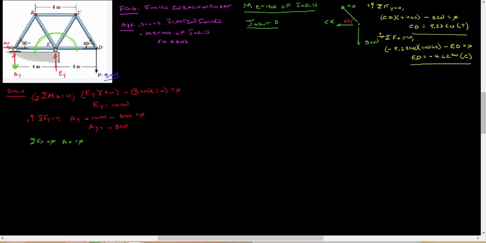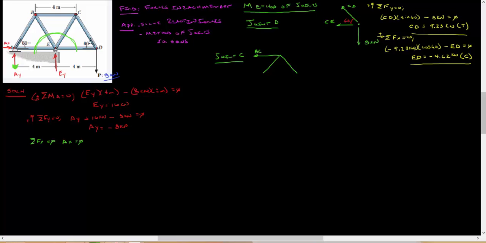Okay, so the next joint I'm going to look at is joint C. I know CD, so I know I can find CE and BC. So I will, again, draw my free body diagram, joint C. Now, in this case, I'm drawing this again in tension.